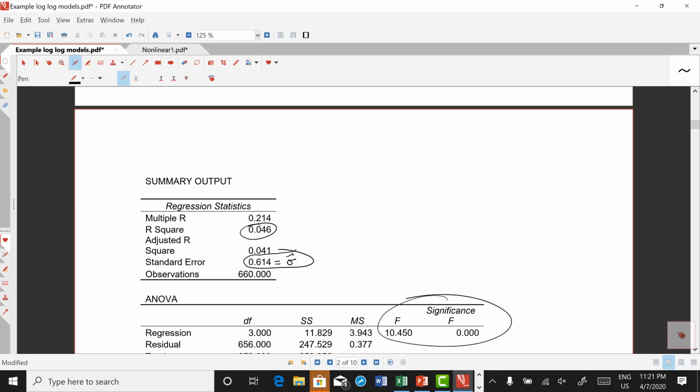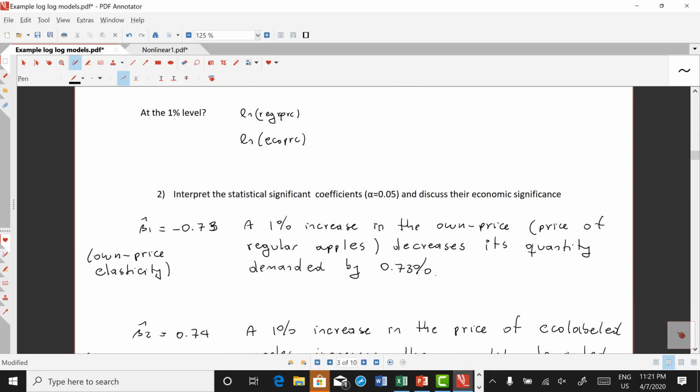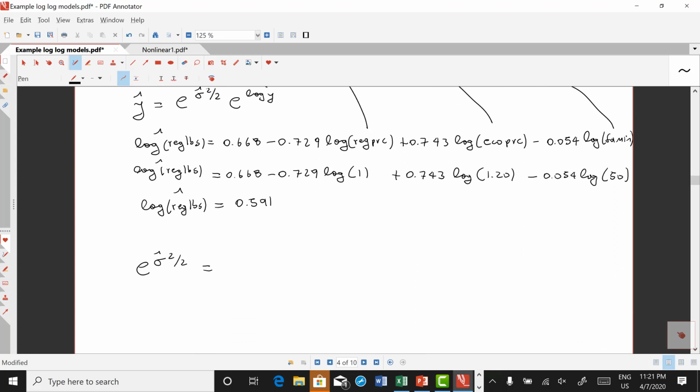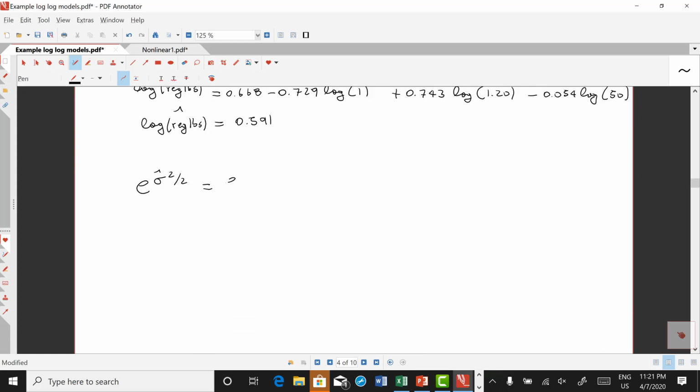So that's what we had to square and then divide by 2. So it should be e to 0.614 squared divided by 2, which is equal to 1.28.